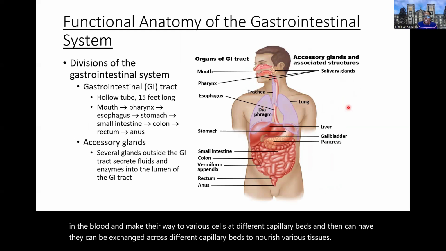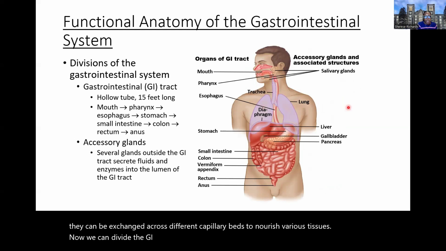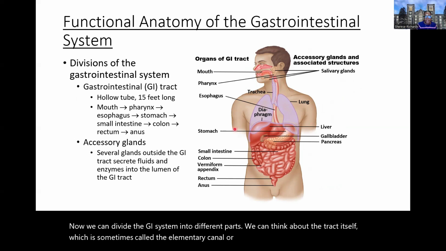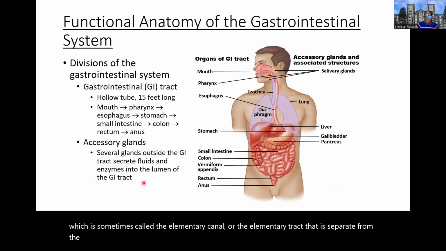Now we can divide the GI system into different parts. We can think about the tract itself, which is sometimes called the alimentary canal or the alimentary tract. That is separate from the accessory tissues and accessory glands. So the tract itself starts at the mouth.